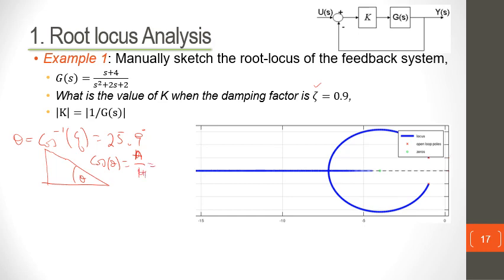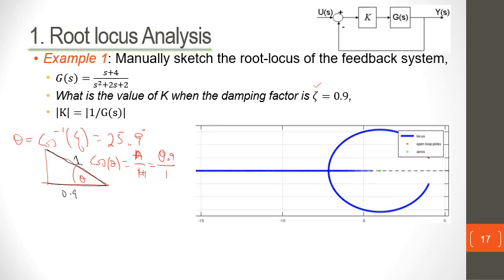So we have roughly 1 here and 0.9 here. Using simple trigonometry, if the hypotenuse of that right angle triangle is 1, then the adjacent side would be 0.9.